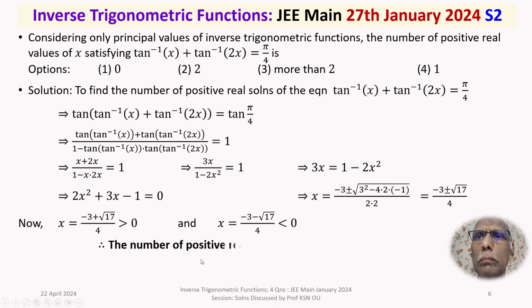Agreed. So our answer 1 appears against option 4. Therefore, the answer to this question is option 4. So that is the detailed discussion of the problem, and I am sure that you have understood the solution of this problem, and it is definitely an easy problem.